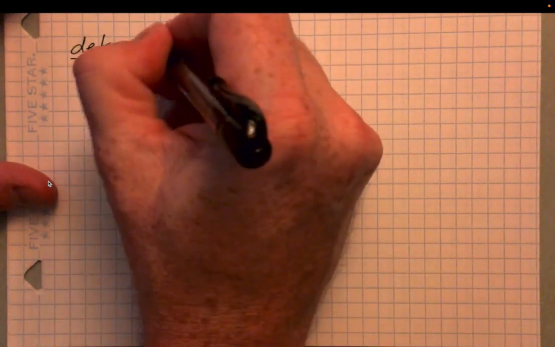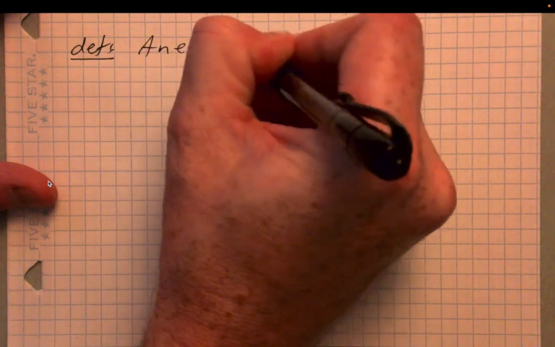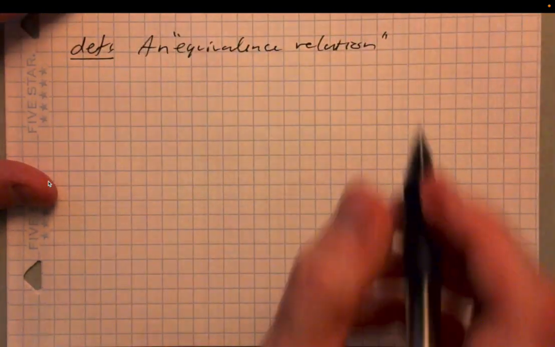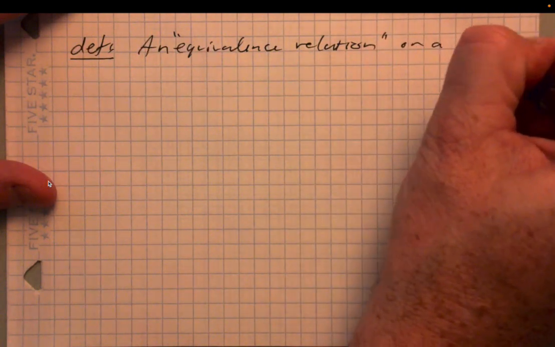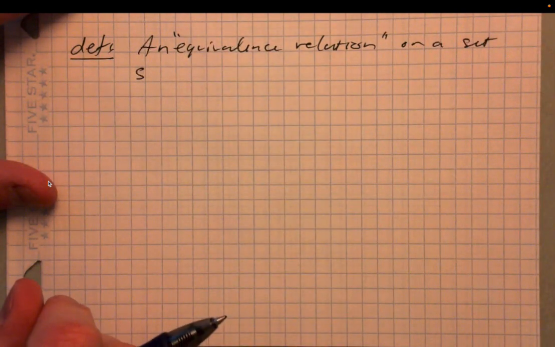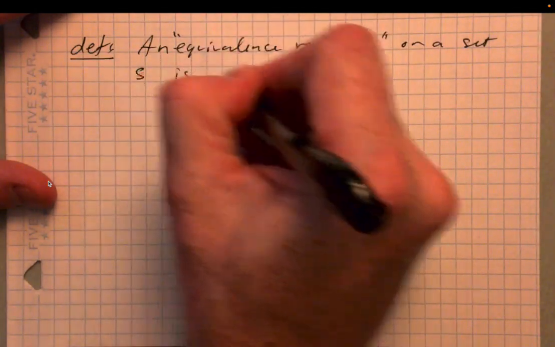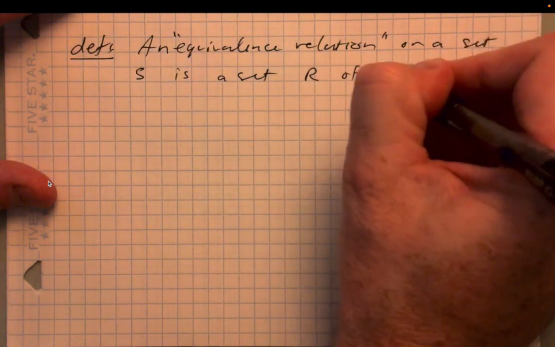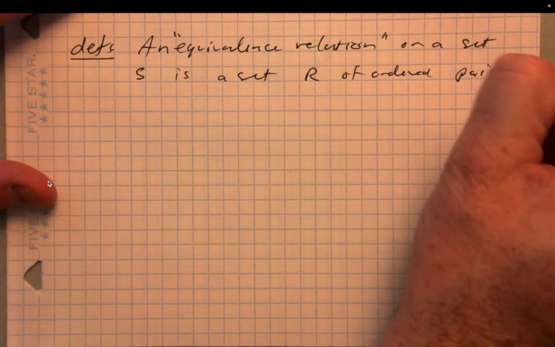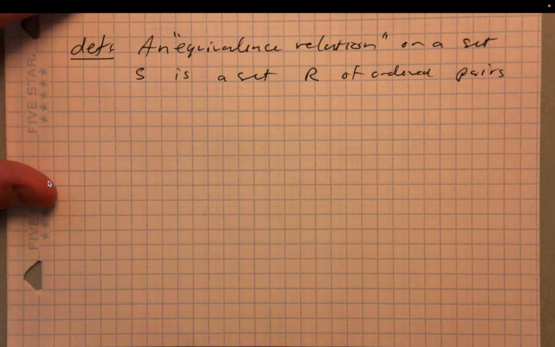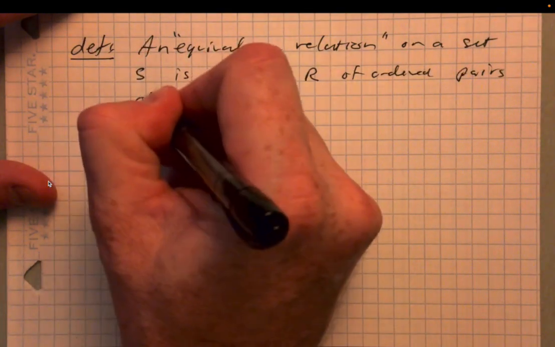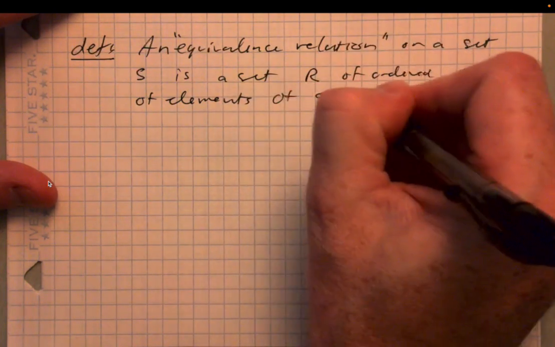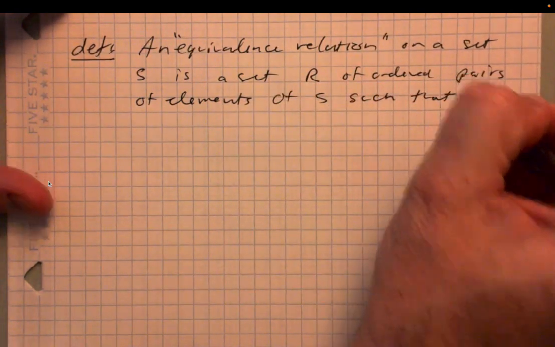An equivalence relation on a set S is a set R of ordered pairs of elements of S such that what?